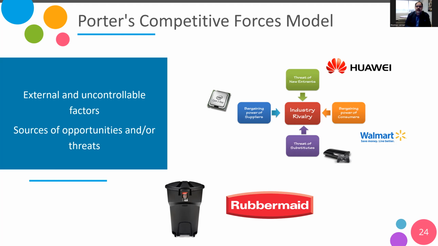Bargaining power of consumers, in this case in a B2B example, a great example of that is Walmart and Rubbermaid. So you have the example at the bottom of the screen. Rubbermaid was a very large company that was very successful for many years. Rubbermaid is an American company that sold these rubber garbage cans with wheels that you would pull out to the street, very convenient, as opposed to just the aluminum cans back in the day.